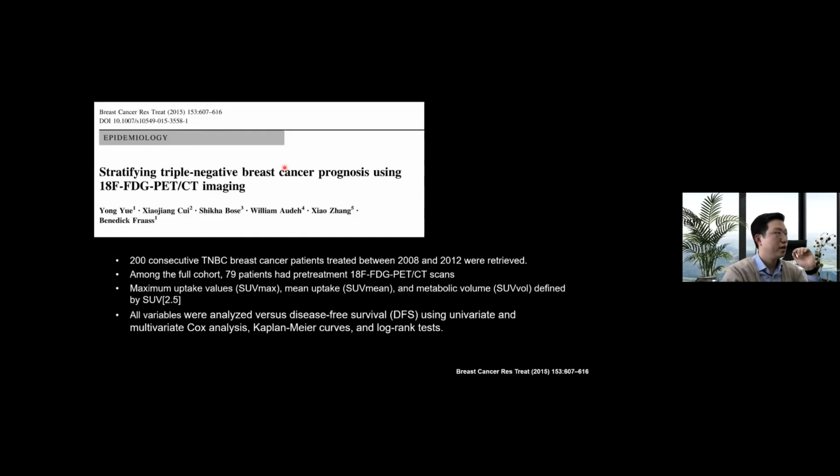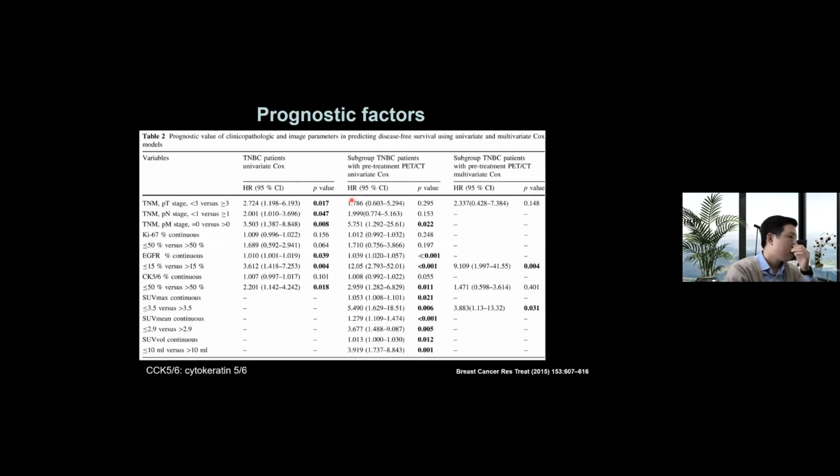The patients were all triple negative breast cancer. And these are the typical prognostic factors, including TNM staging, Ki67, EGFR mutation, and CK5/6. Those known prognostic factors were predictive of disease-free survival.